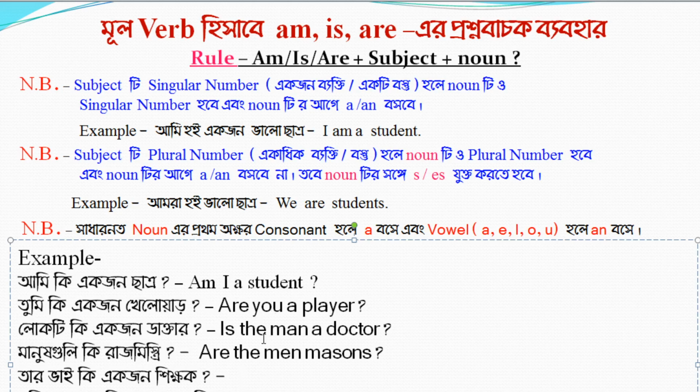Is his brother a teacher? If the person is a boy, use his; if a girl, use her. Here it is one person, so if there is a question mark, you have to take the helping or auxiliary verb before the subject.